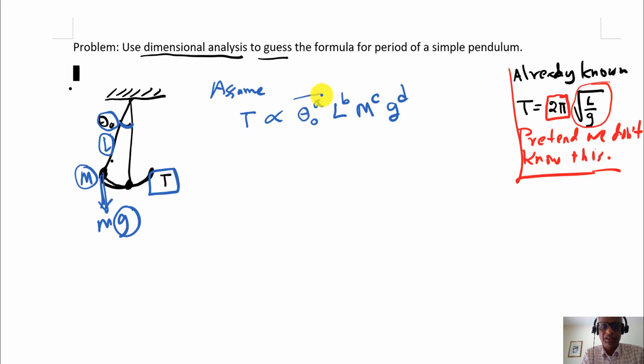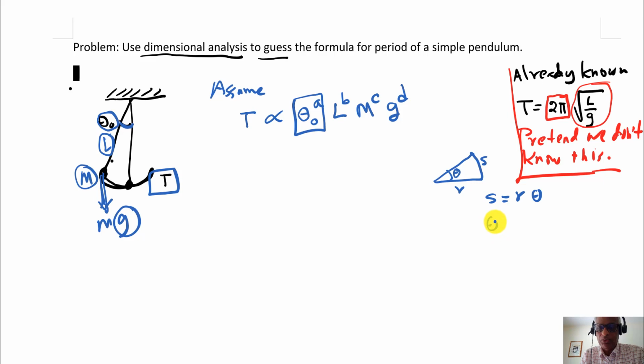This theta is dimensionless. It does not have any units. How do I know this doesn't have units? If I look at a circle, with this theta and this s and this r, you know s equals r theta.